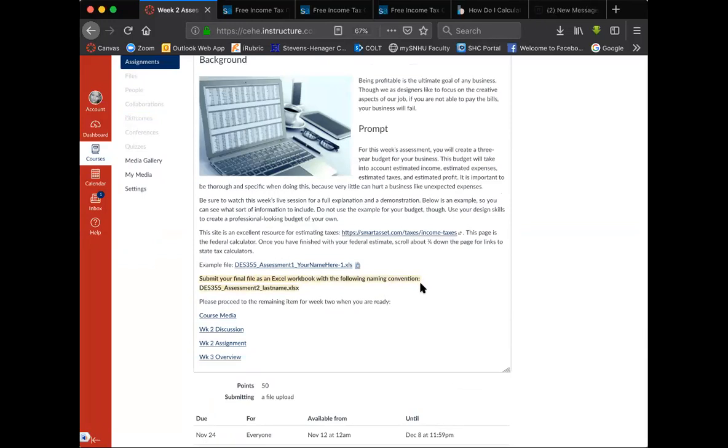And because it tells you to use your design skills to create a professional looking budget of your own, it should probably state in here that you should also save it as a PDF, because if you're taking this out of Excel and doing it in InDesign or Illustrator, I don't believe that you can export it as an Excel. So just do a PDF. So save your initial Excel sheet that I showed you here. I can see that you did it.